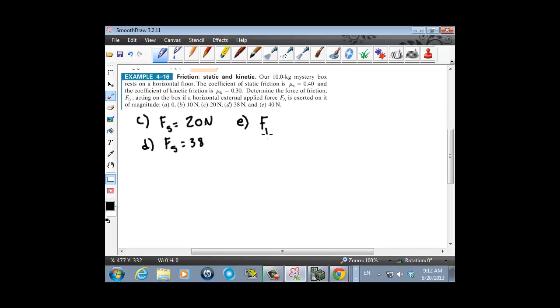And the kinetic friction equals the coefficient of kinetic friction times the normal force. Okay, we computed the normal force before as being 98. The coefficient of kinetic friction is 0.30, times 98.